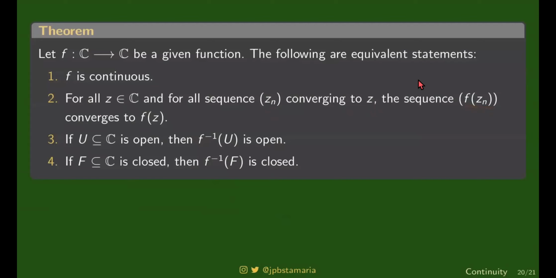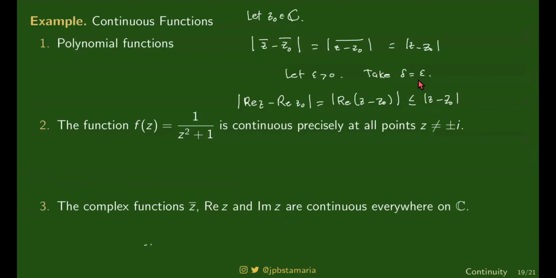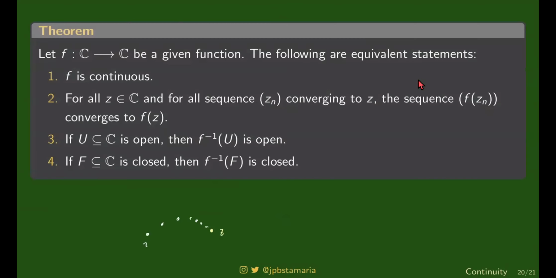Meaning to say, if you get a sequence here, z1, z2, z3, and so on, that converges to a point z, dapat pag kinampit mo yung images nila, nandito yung f of z1, f of z2, f of z3, and so on.